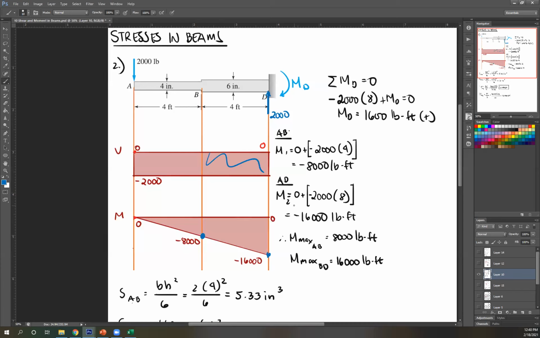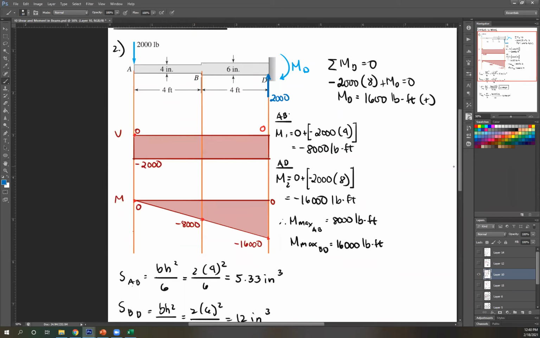You can do that, or if you don't want to, since this is a consistent area, you can start at A again up to D. So considering section AD, from MA, which is still 0, plus the negative area, and this area is a rectangle, so negative 2,000 times length, which is 8. So negative 2,000 times 8, negative 16,000 pound-foot.